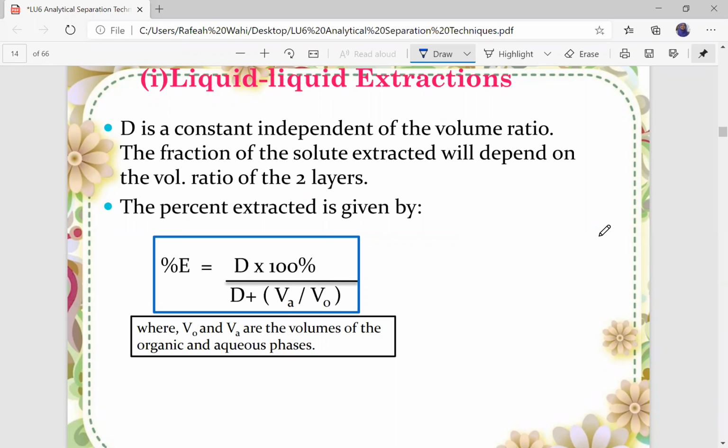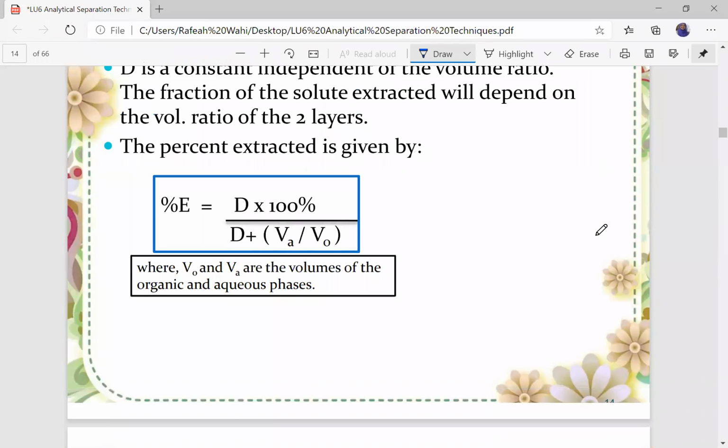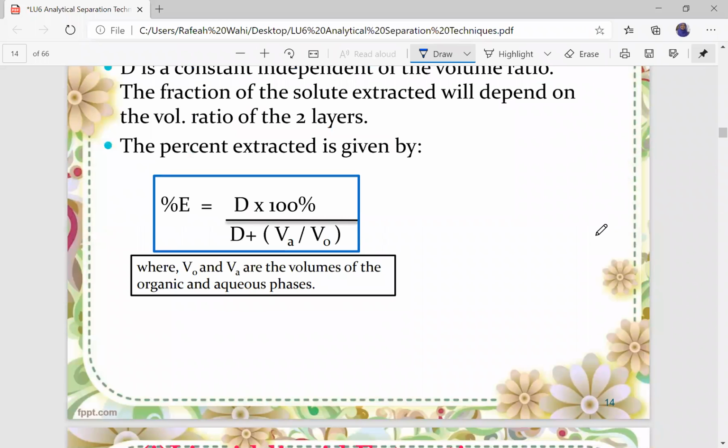So the percent extracted is given by the equation percent E equal to D, where D is the distribution ratio, VA is the volume in the aqueous phase, and VO is the volume in the organic phase. So this is how you calculate percent extraction.